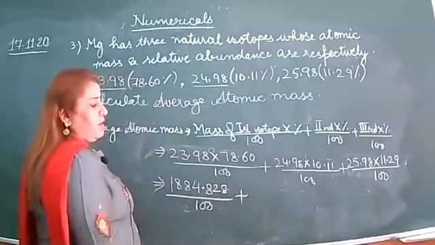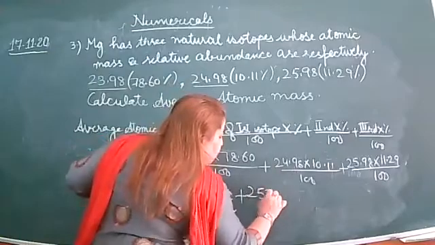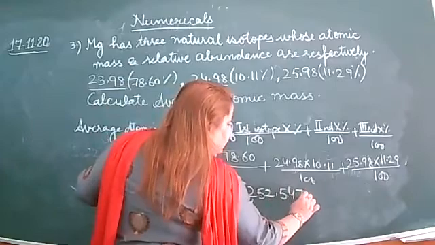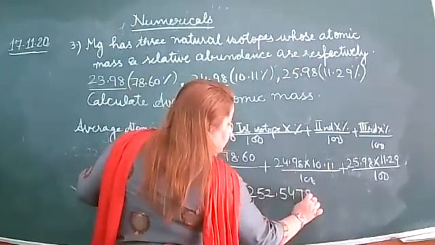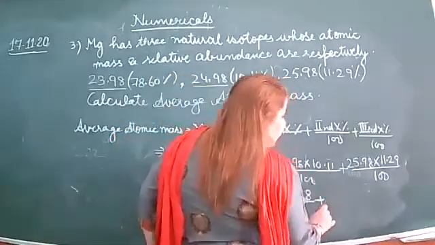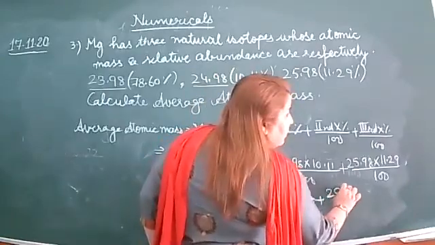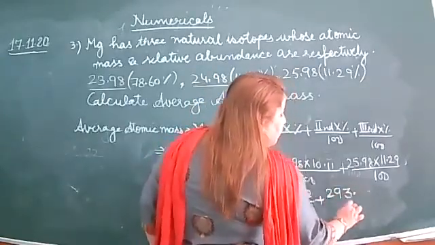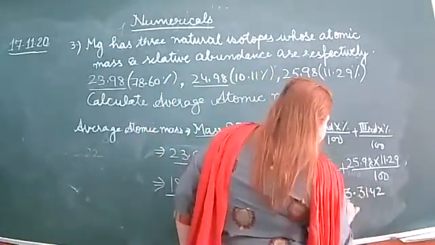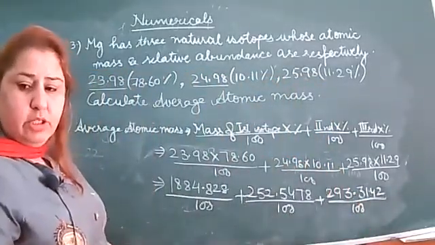Then multiply by this: 252.5478, by 100. Then third multiplication value: 293.3142, divided by 100. Right? Thank you so much.